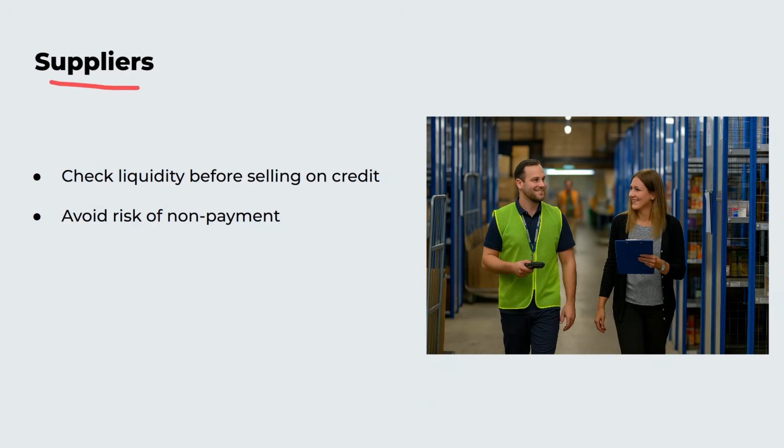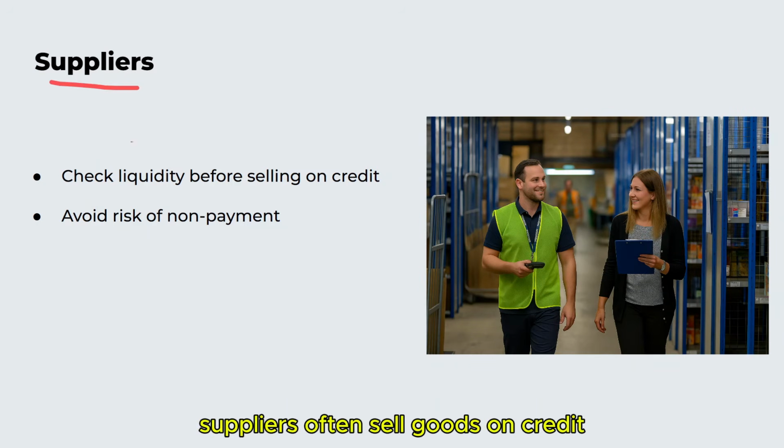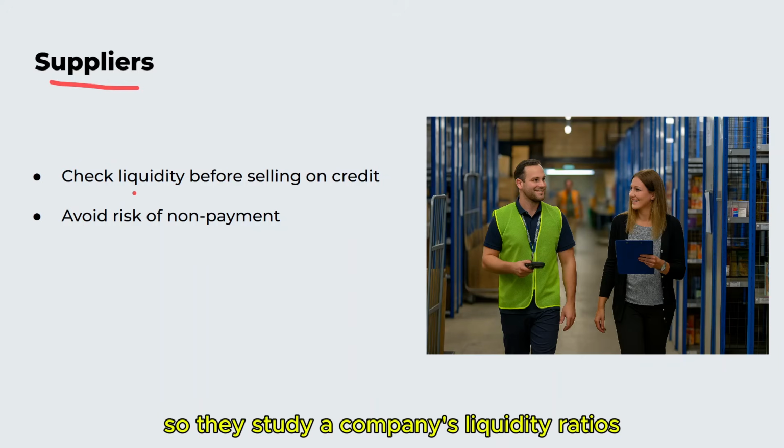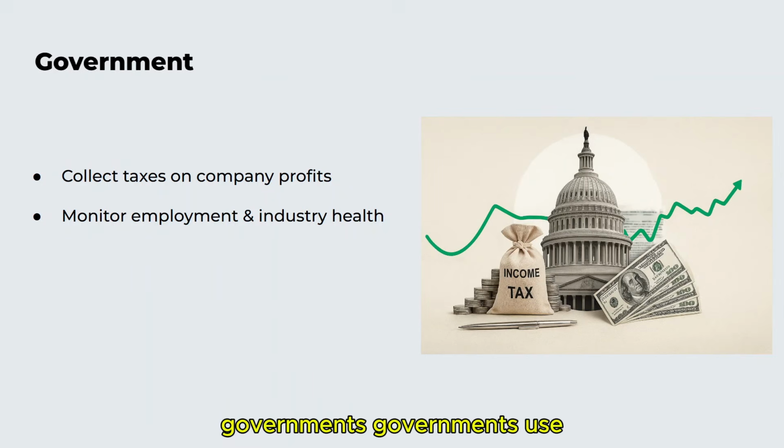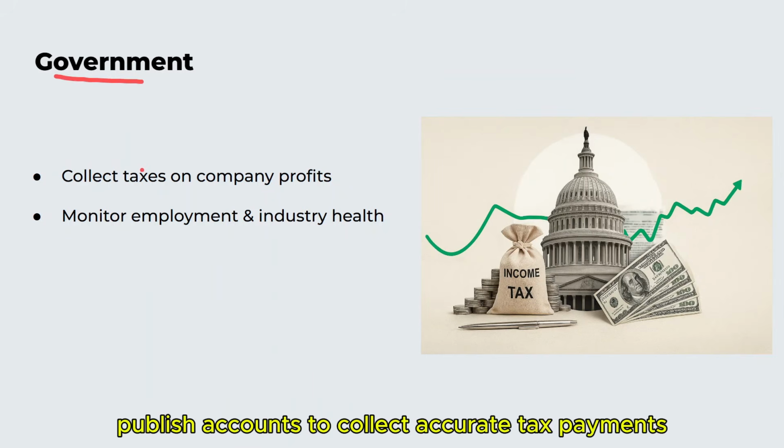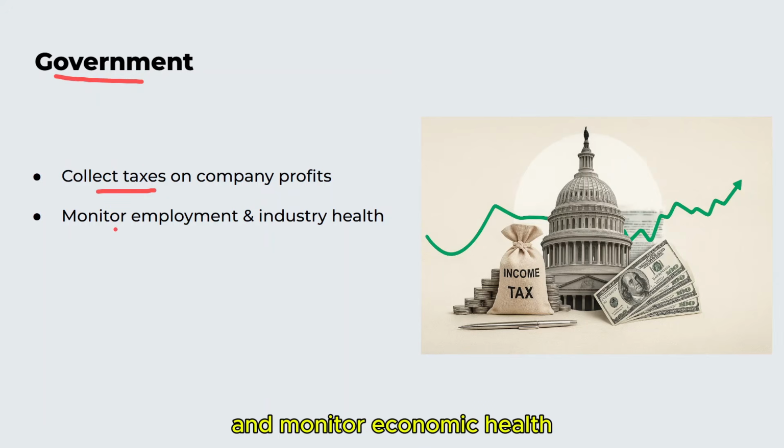Next, suppliers. Suppliers often sell goods on credit, so they study a company's liquidity ratios to ensure it can pay on time. If the figures show liquidity problems, they may reduce the credit period or demand cash payments upfront. Government. Governments use published accounts to collect accurate tax payments and monitor economic health.